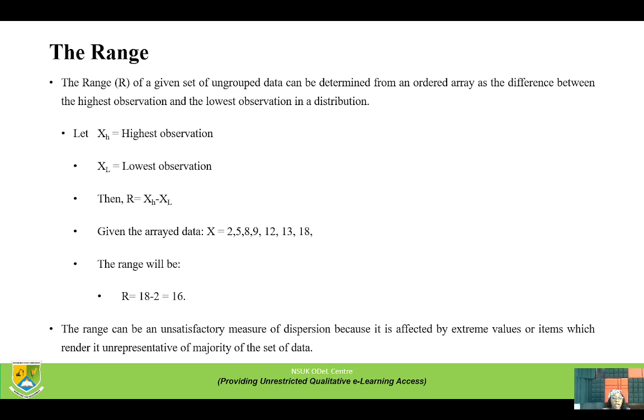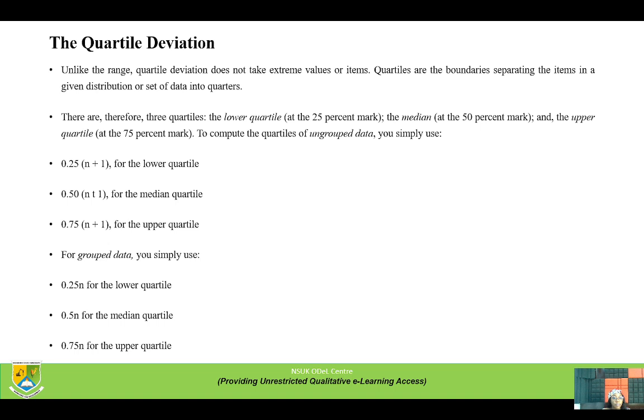The range can be an unsatisfactory measure of dispersion because it is affected by extreme values or items, which render it unrepresentative of a majority of the set of data. The quartile deviation. Unlike the range, quartile deviation does not take extreme values or items.